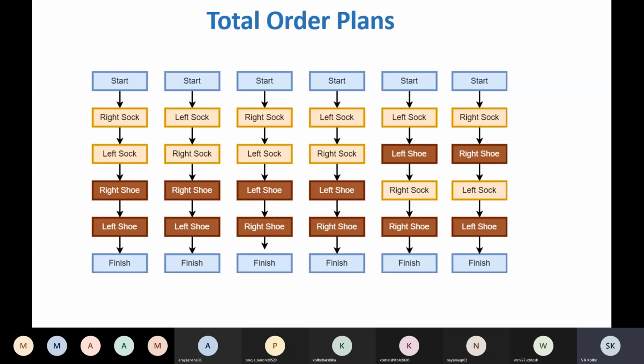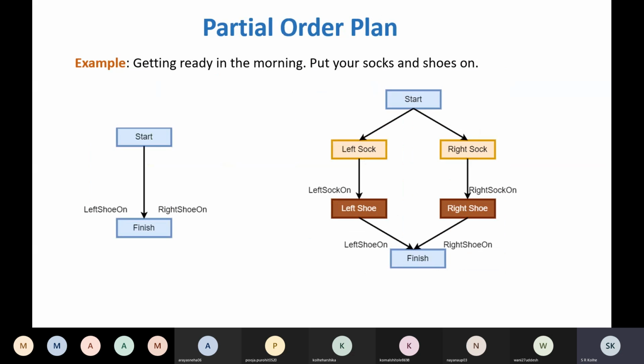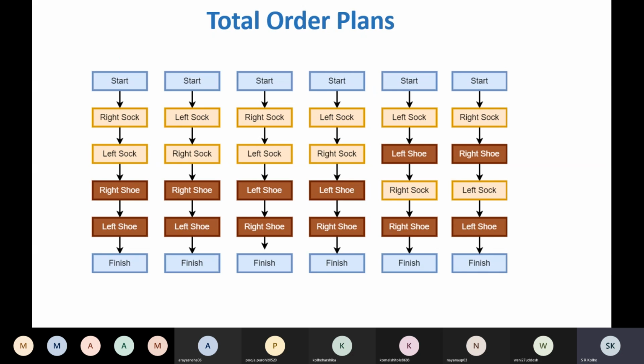Now this plan will result in several subplans, as this can be done in different ways. One, you first wear the right sock, then the left sock, then the right shoe and the left shoe. So at the end, left shoe on and right shoe on will be true. This is plan 1.